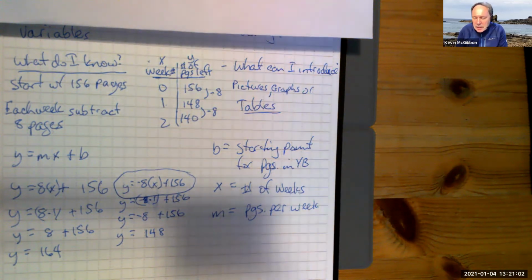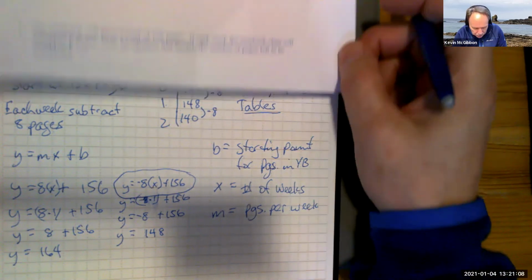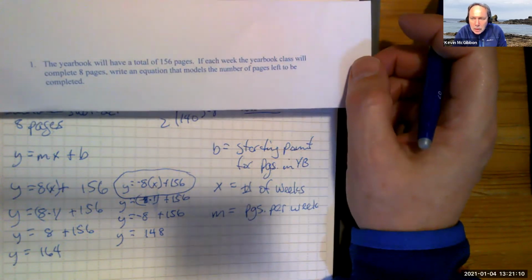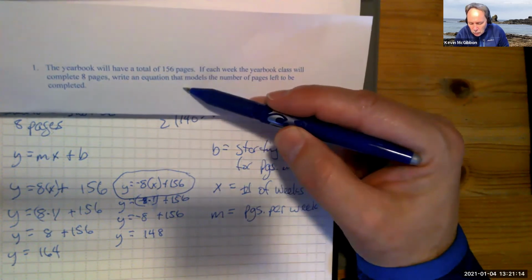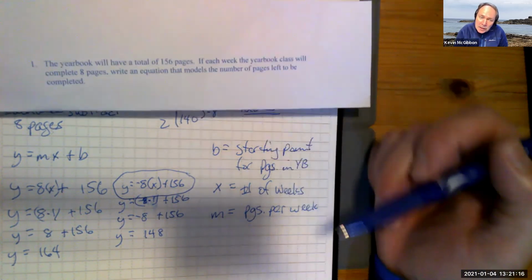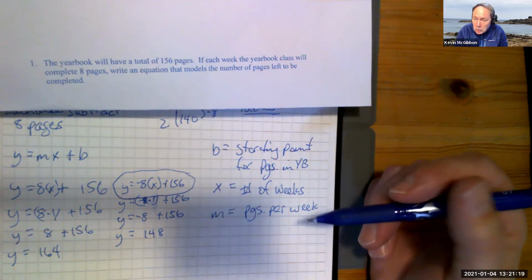So remember what we did, we used the information that we were given in our word problem here. This is going to be kind of a visual and verbal word problem.